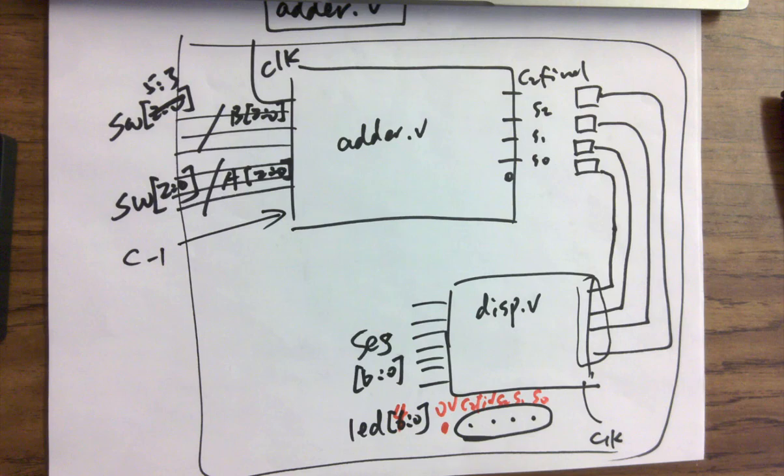So always, if the counter reaches counter max, right? You clear the counter and you swap AN1, AN0. And otherwise, you increment the counter by 1.